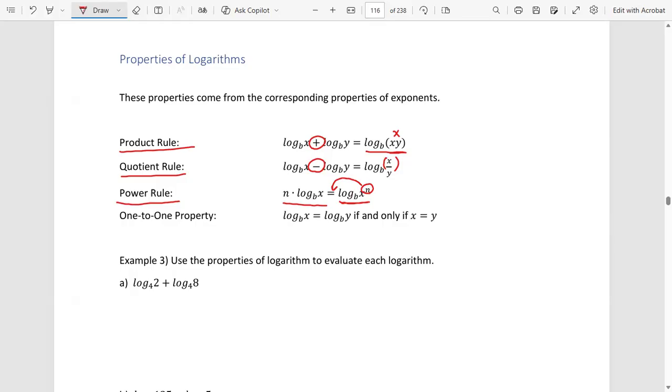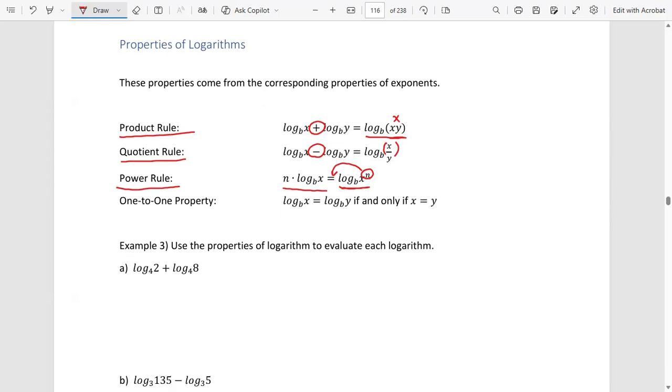The log function has the ability to move the power and just change the location of those terms. And the one-to-one property means that if the logs of two terms like x and y are the same, then x and y also must be the same, or vice versa. If x and y are the same, the logs of them are also the same. And we use this property when we are solving logarithmic equations in another video.